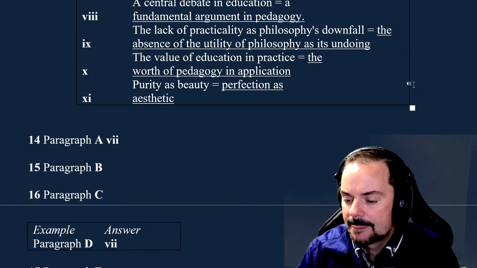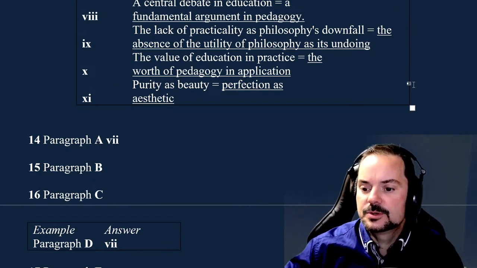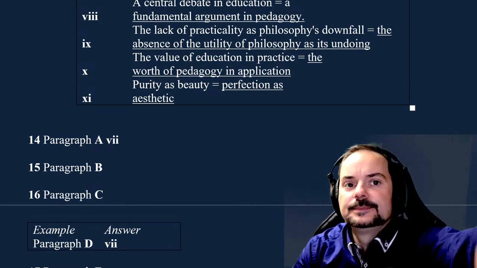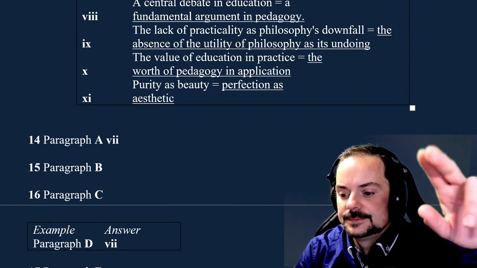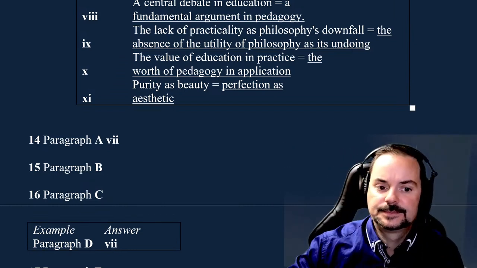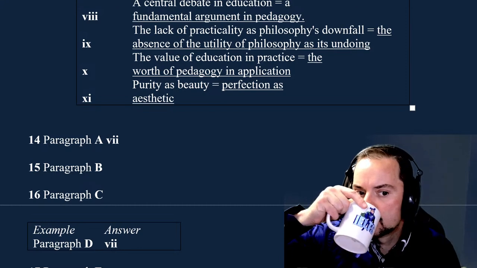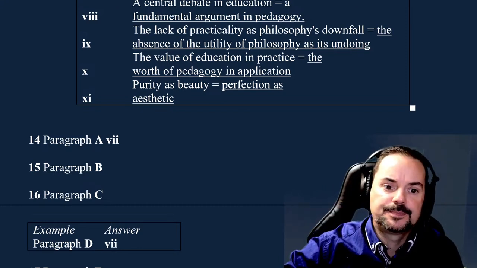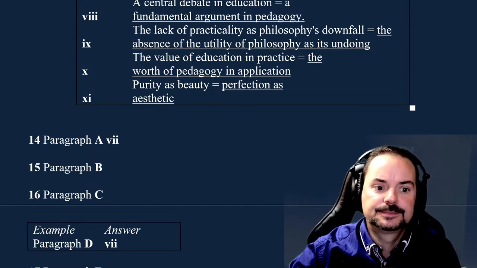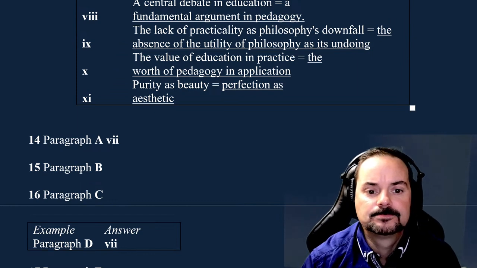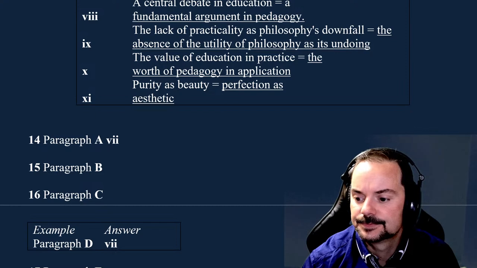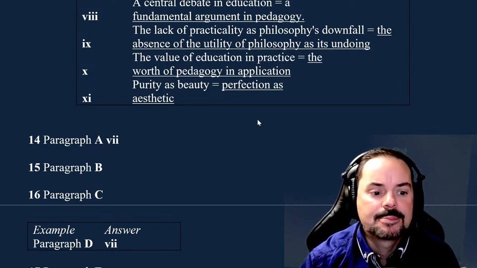Okay, I think, let's see here what you come up with. We're looking for the meaning of the philosophy and the value. There's one that's close. No, it's not this one. It's not the value of education, but it's the lack of... no, it's not here.